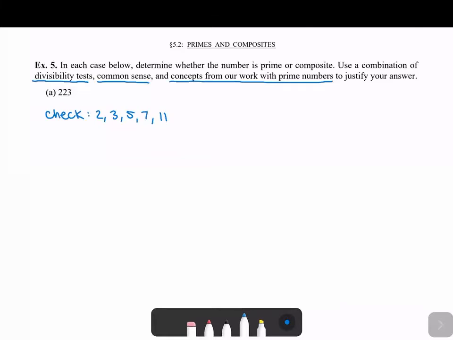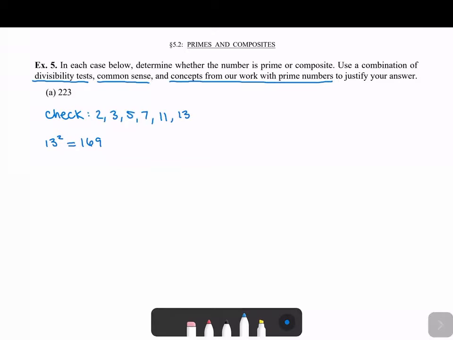Okay, so we know that 12 isn't prime, but this is bigger than the square of 12. So what about 13? Well, 13 squared, if you don't know this, you can write it out, is 169, which is smaller than 223. So that means that the square root of 223 is bigger than 13.